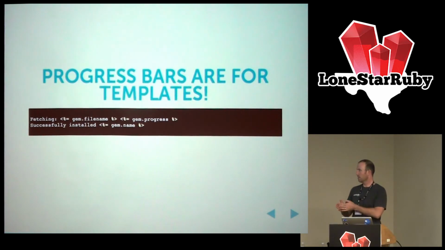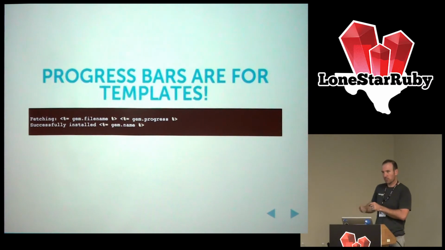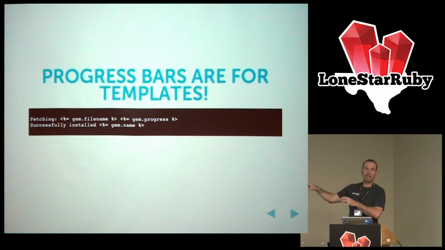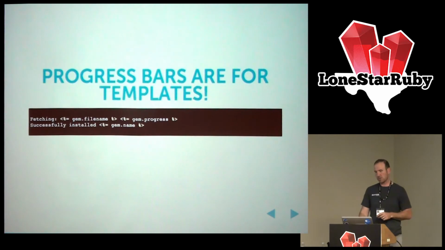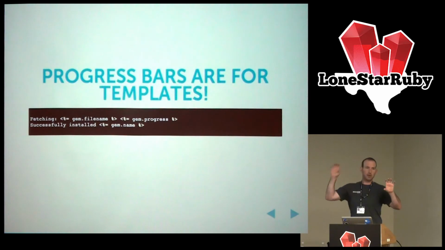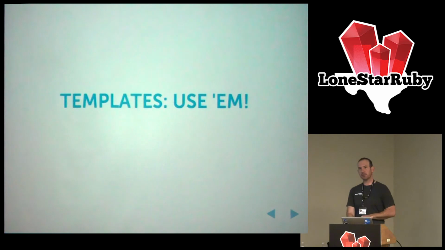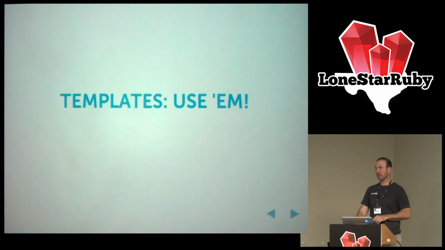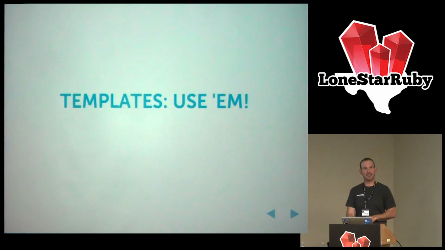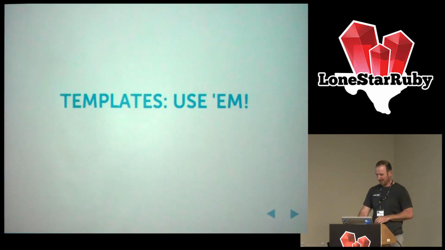Because I've evaluated the first part of the template, that gets written to standard out, and then the control passes to this progress bar. It can then render to standard out, but then I pick right back up where I was formatting, and so I've very cleanly captured the overall layout, which was my goal in the first place. I can say layout this, and the progress bar goes here. So templates are awesome. It's very surprising that we don't use them in CLIs very much.